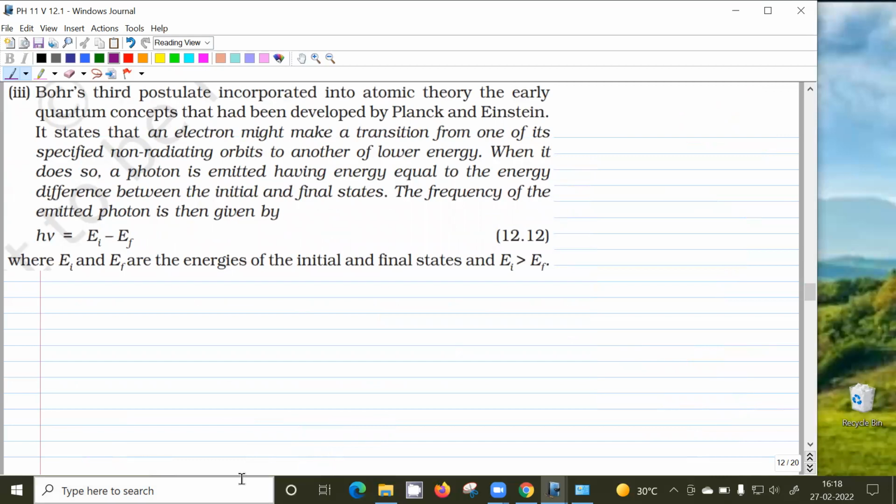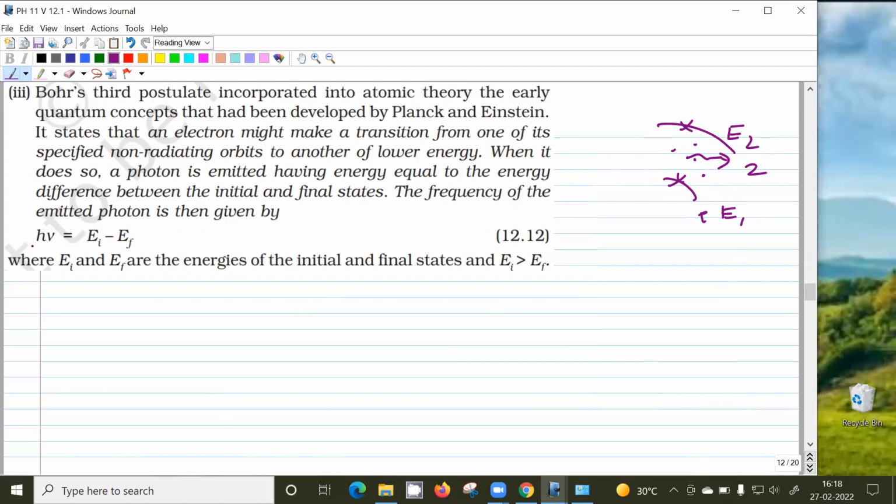And the third postulate says that if there are two orbits, say n equal to 1 and n equal to 2, the electron can either be here or here. It cannot be in any in-between places. When the electron moves from the higher energy level E2 to the lower energy level E1, there is a loss of energy, and that energy goes out as radiation.